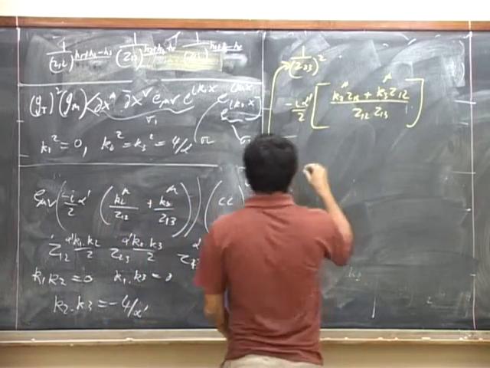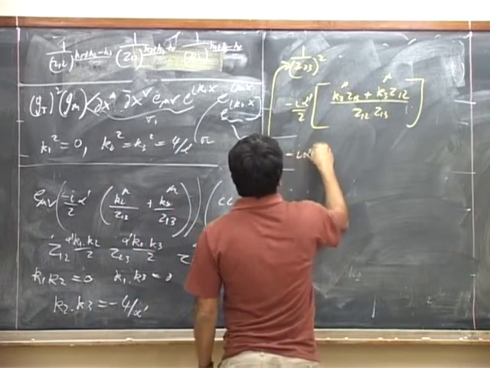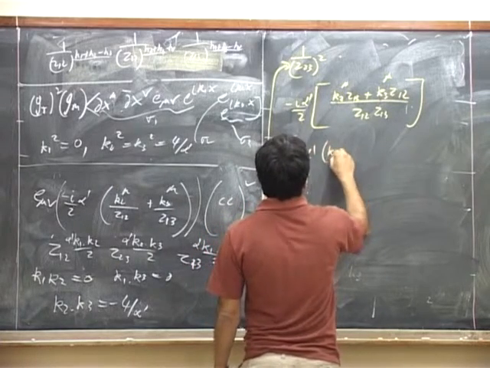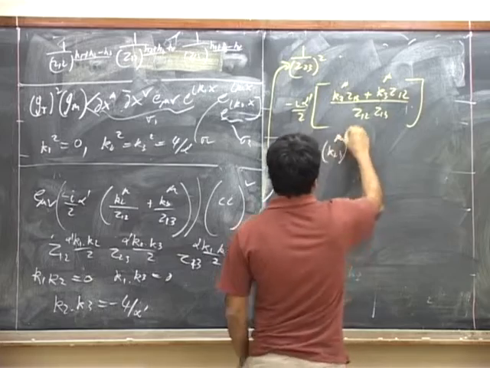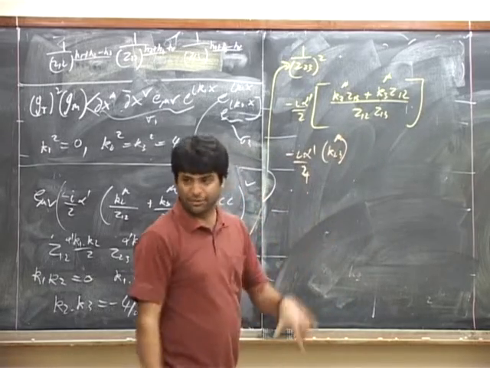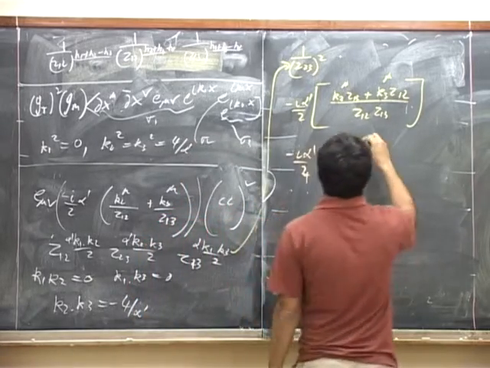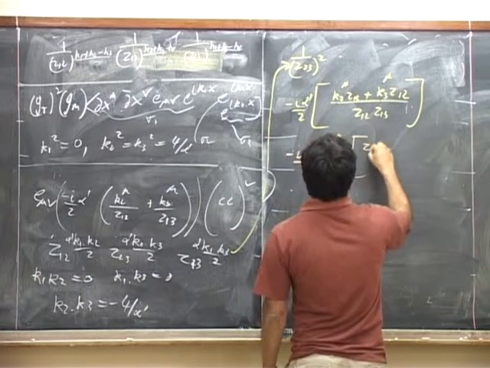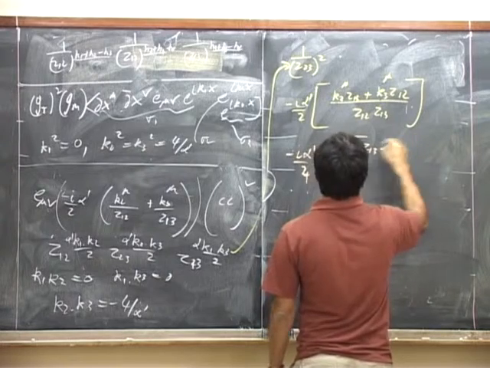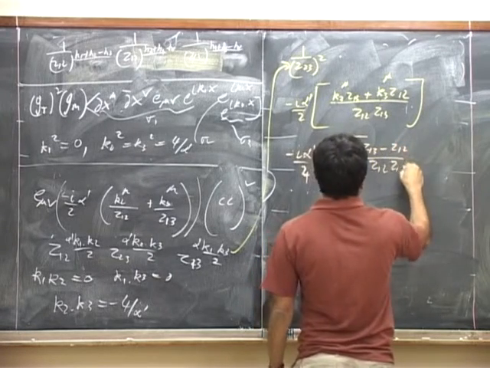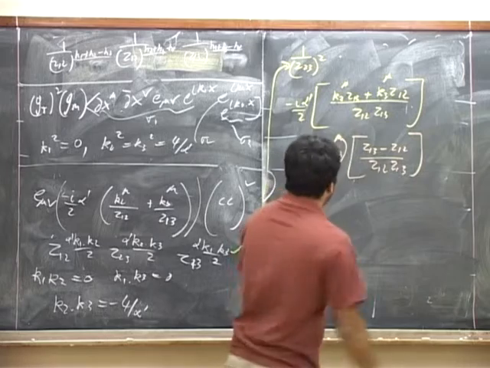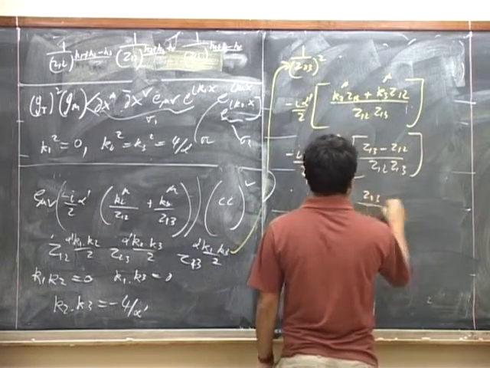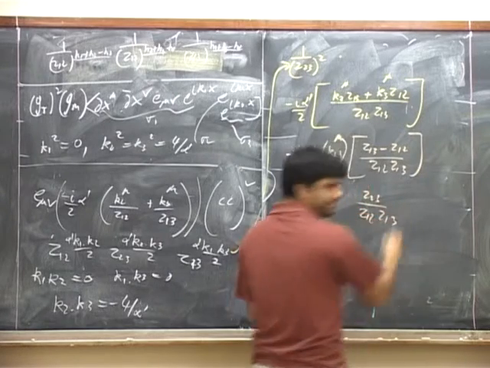So this can be written as minus I alpha prime by 2, let's say by 4, and then we get K23 mu, where K23 is K2 minus K3, into Z13 minus Z12 over Z12 Z13. Okay, so now this is equal to Z23 over Z12 Z13.